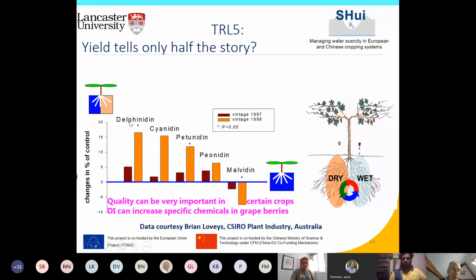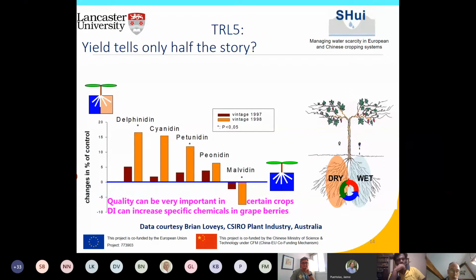So you can see here a number of different chemical components that were increased within the plants exposed to partial root zone drying, particularly from the 1998 vintage. So obviously a very good year for partial root zone drying wine production that year.